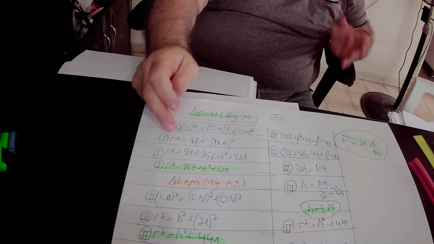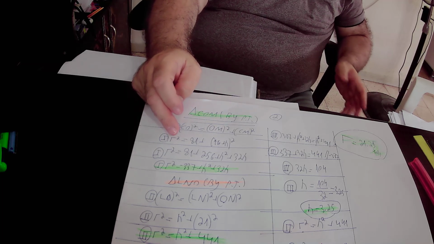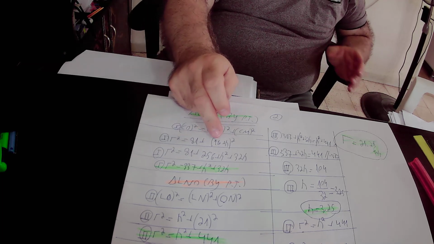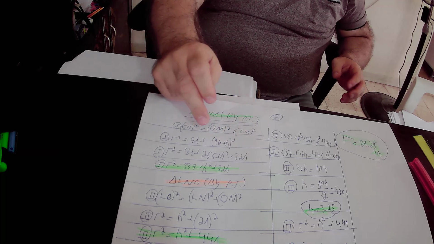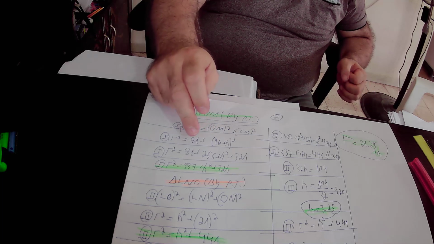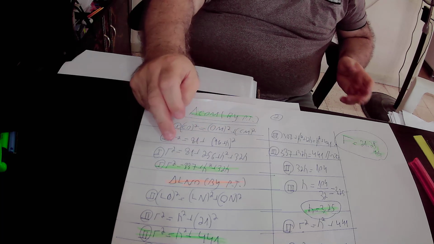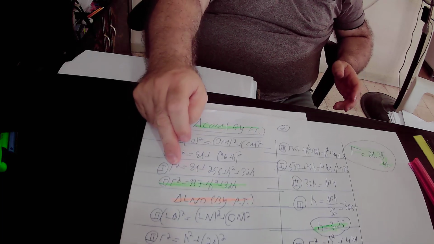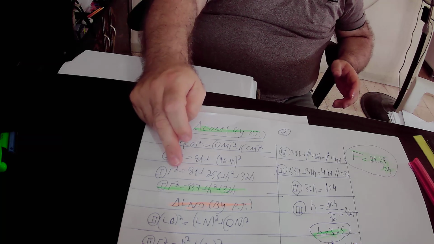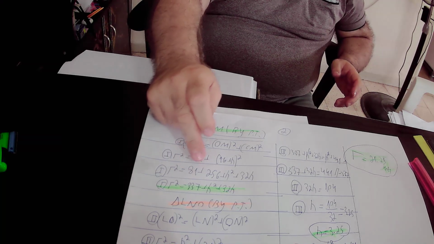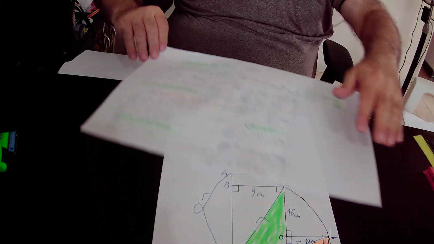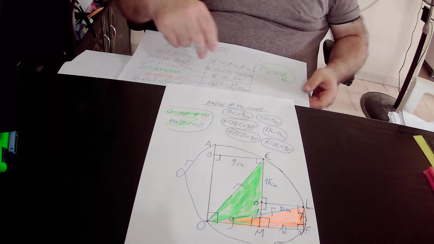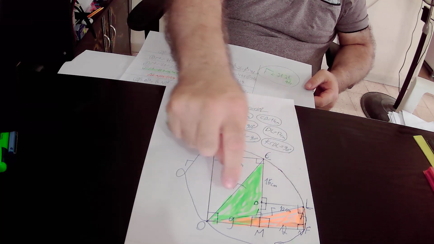So according to equation number 1, R squared equals 81 plus 256 plus H squared plus 32H. 81 plus 256 is 337. So according to equation number 1, R squared equals 337 plus H squared plus 32H.